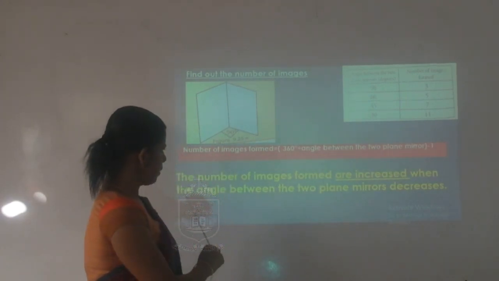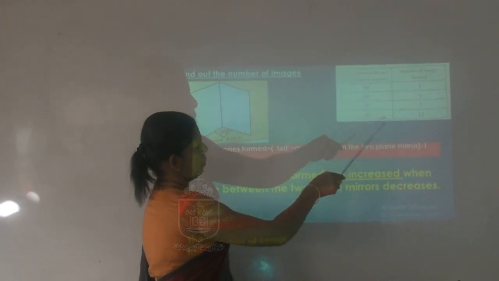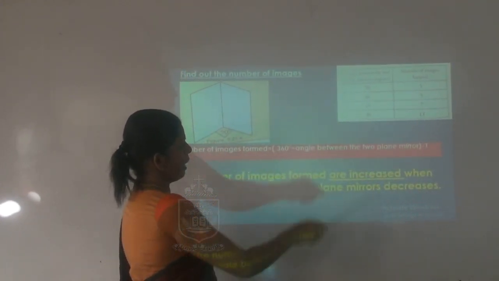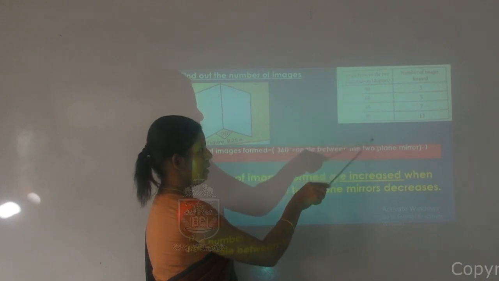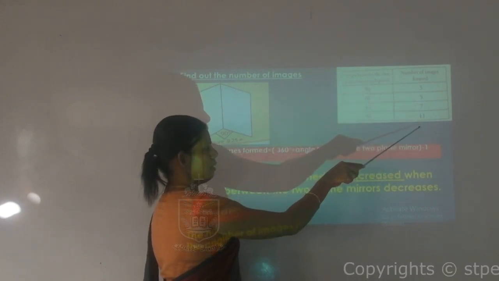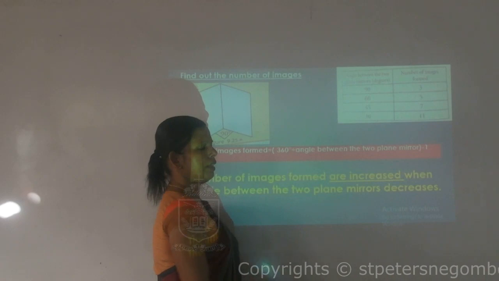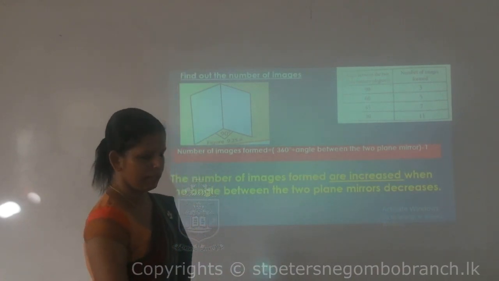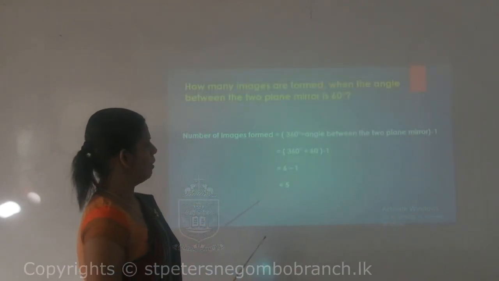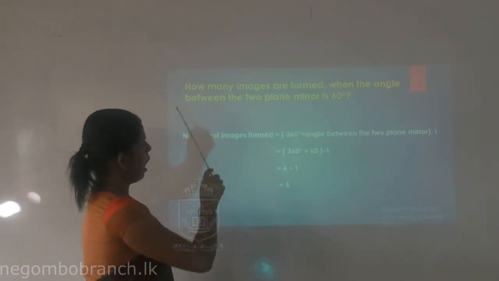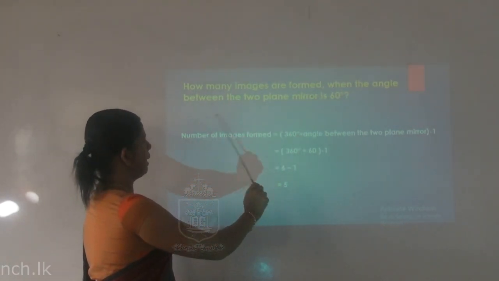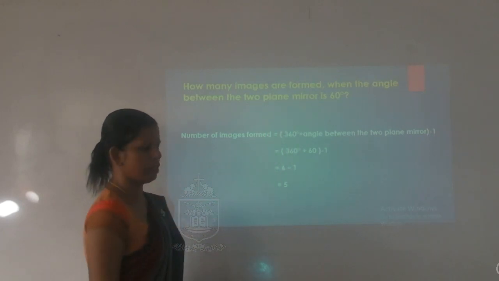When you go through this, you can understand that if the angle between two plane mirrors decreases, the number of images formed will increase. So that is the thing. Then I have given one example: how many images are formed when the angle between two plane mirrors is 60 degrees.